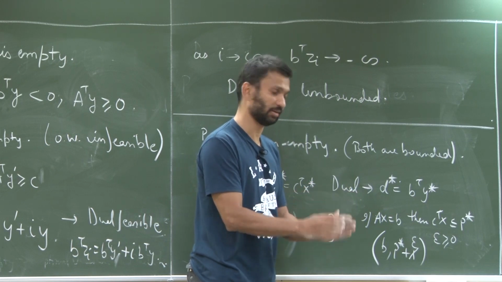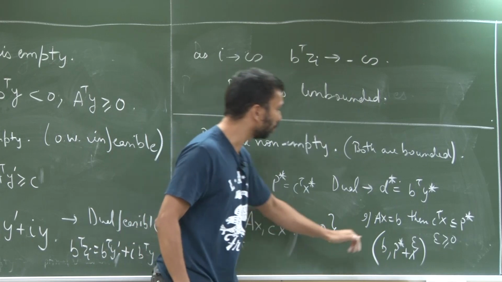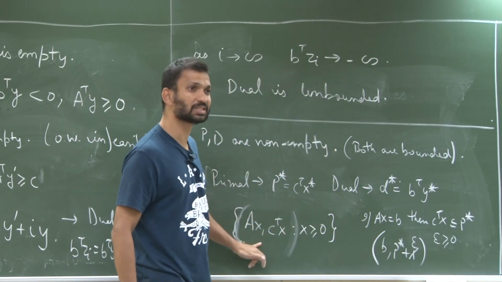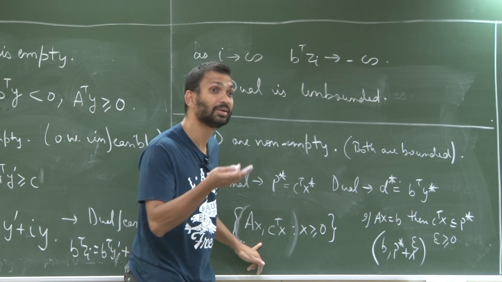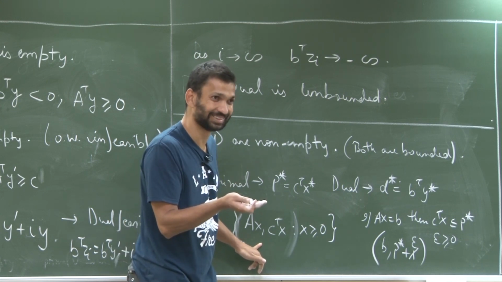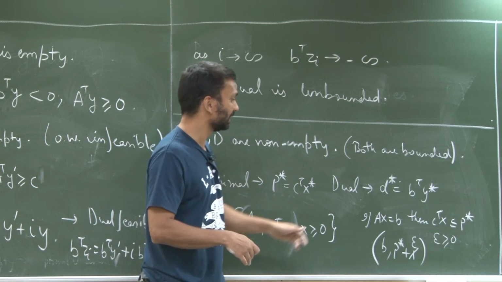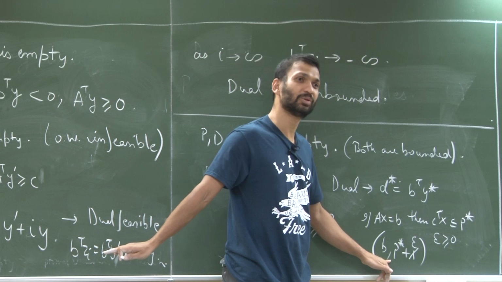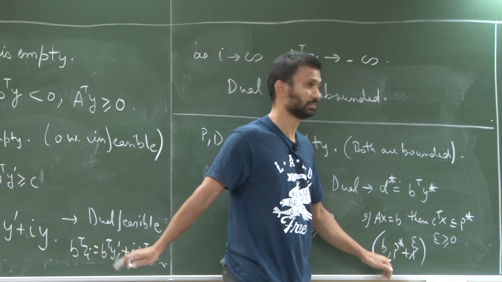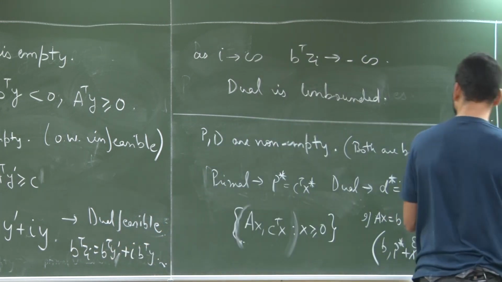Okay, so this is the plan. Once I know that this point does not exist here, I can apply Farkas lemma. And using that, I will construct a solution for the dual. So let me just write down the idea.